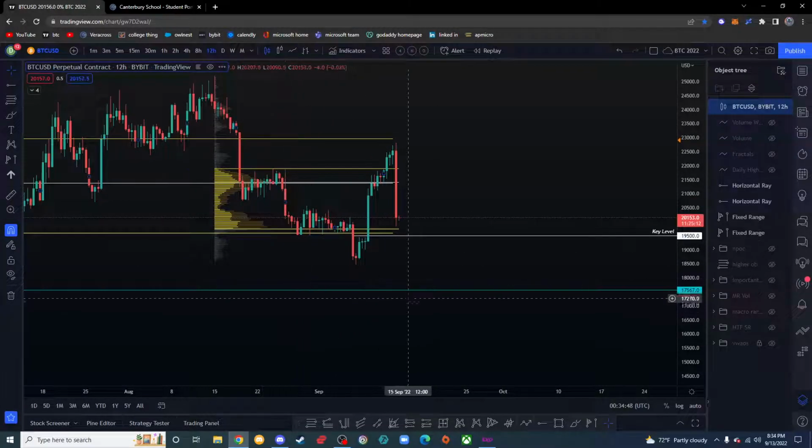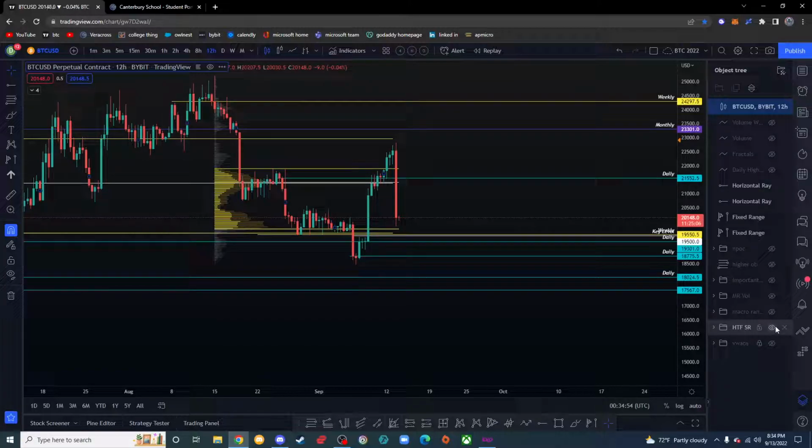Yeah, that'd be just at that value area low. That's where we have that weekly.